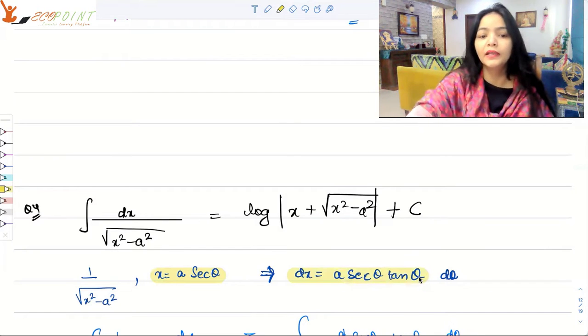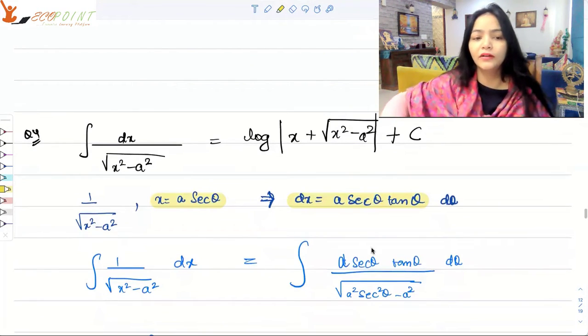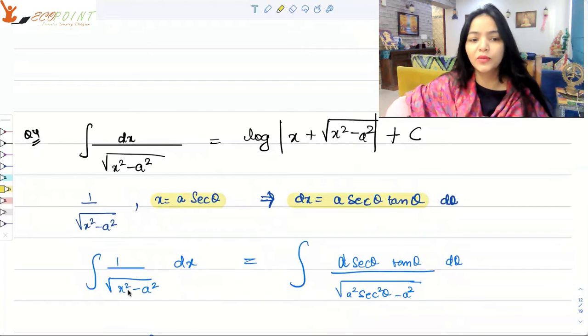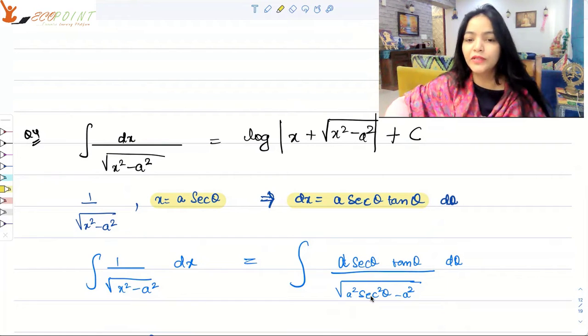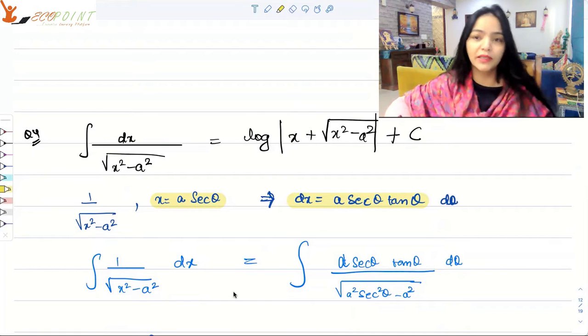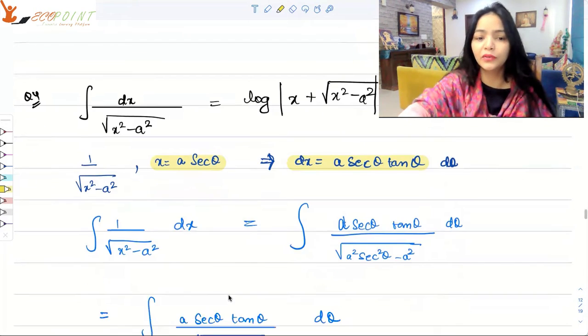Now, when you are integrating 1 upon square root of x square minus a square, you are basically integrating a secant theta tan theta d theta in the numerator upon square root of a square secant square theta minus a square. So a square can come out common and it comes out of the root.